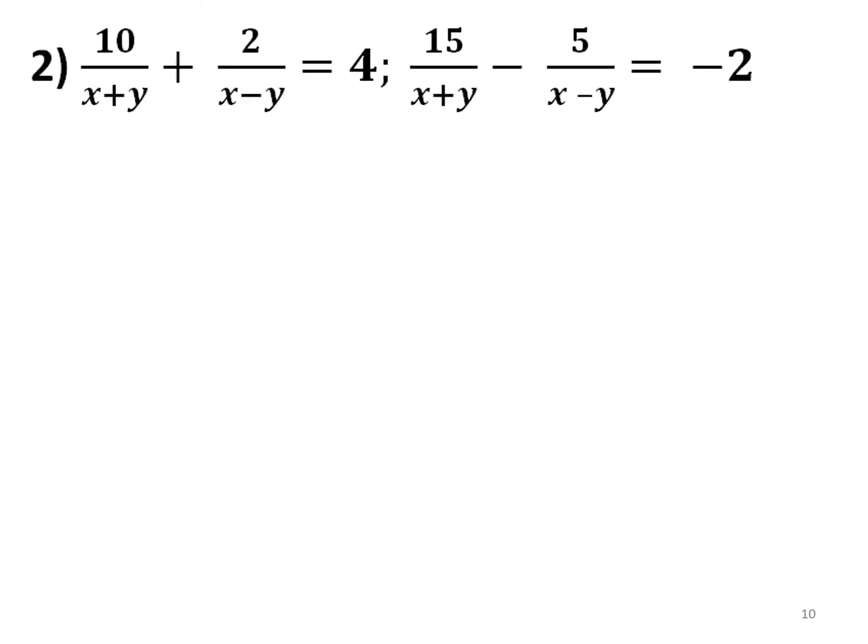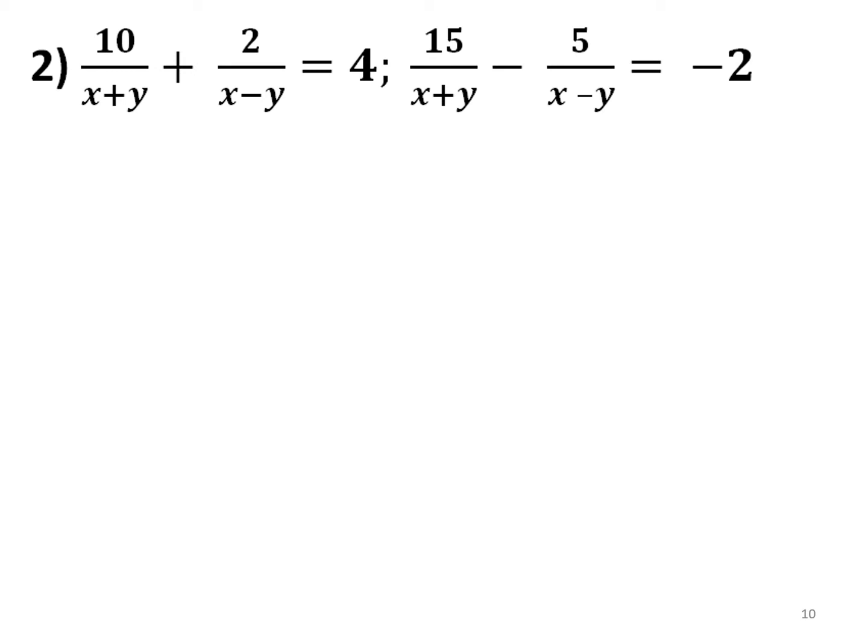Second question, 10 upon x plus y plus 2 upon x minus y is equal to 4. 15 upon x plus y minus 5 upon x minus y is equal to minus 2.